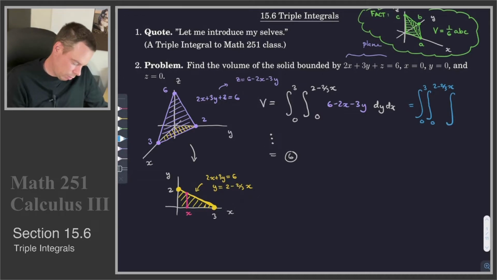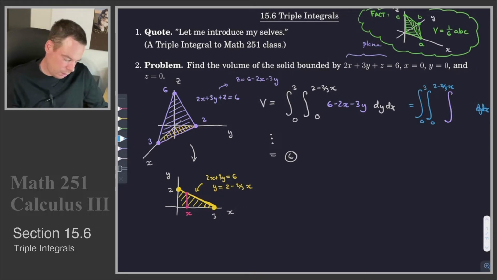This third integral, maybe I'll change the color of this third integral, because this third integral is really just coming from that integrand. So if I think about that integrand, currently I have dy dx as my integration variables for those outer two integrals.